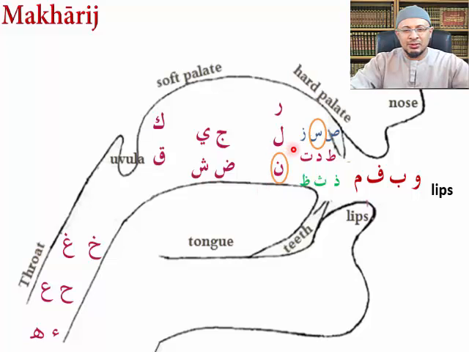One thing about the Noon is that it also has a nasal sound. Not only does it have the makhraj at the front part of the tongue, but there is a very important nasal component. If you cut off the nasal component, the Noon sound will be greatly distorted, as we will see. So just keep that in mind. The Noon is what we call the ghunna sound, and it has a very important nasal quality to it.